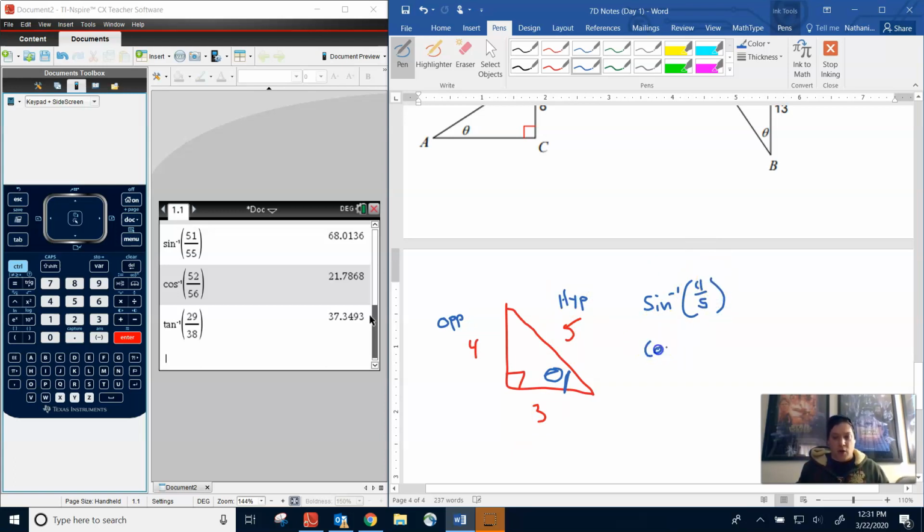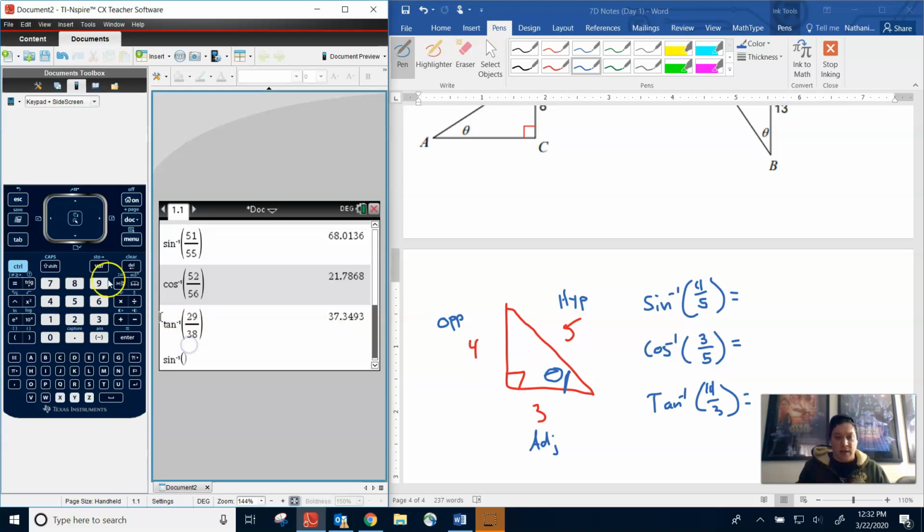If you wanted to use cosine here, we'd have to use the adjacent over the hypotenuse. So that'd be cosine inverse of 3/5. And if you want to use tangent inverse here, then you could use the opposite over the adjacent, so that'd be 4 over 3. Now, these should all give us the same exact thing if we did everything right. So we'll do trig sine inverse of 4 divided by 5.